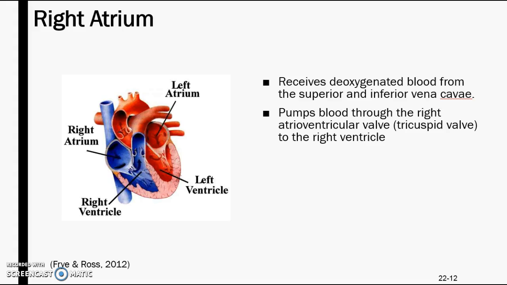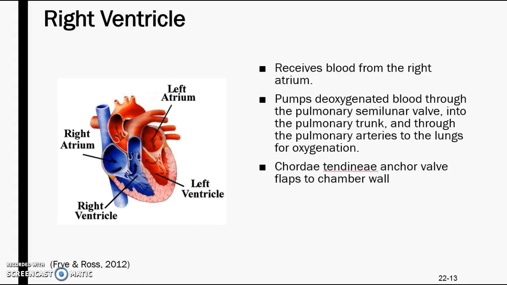The right atrium, and we can just jump in and go in a sequence here of blood flow. So the right atrium would receive deoxygenated blood from the superior and inferior vena cava, and it will pump blood through the right atrioventricular valve, also called the tricuspid valve, into the right ventricle. From the right ventricle, which receives blood from the right atrium, blood will be pumped.